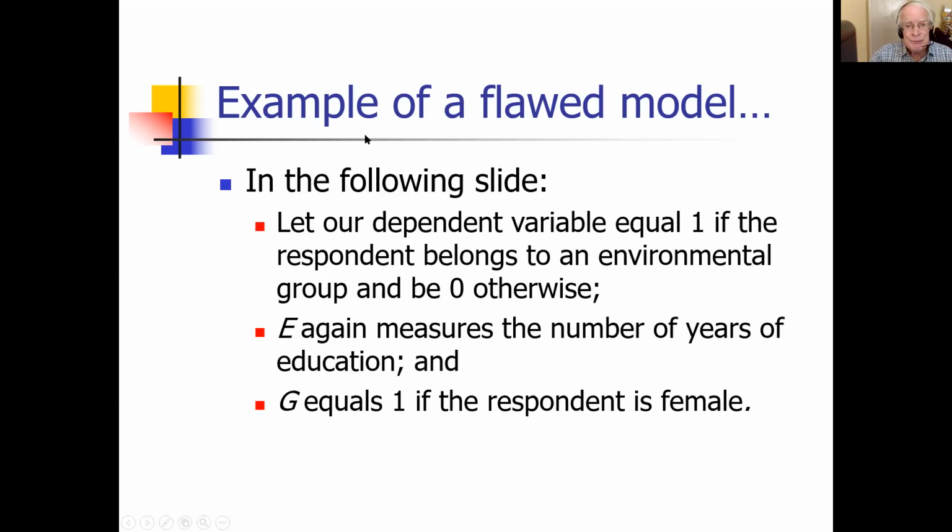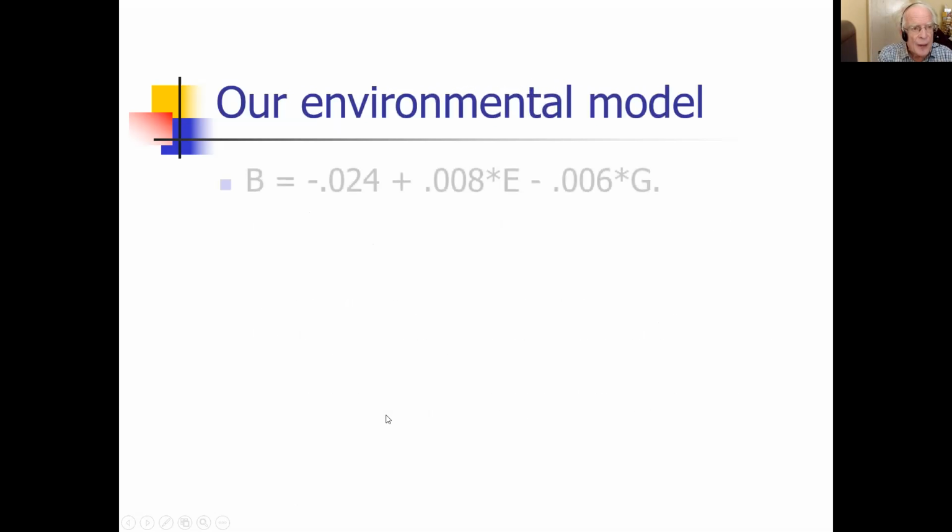As before, we will use E to measure the number of years of education completed. And as before, we will interpret G as an indication of gender. If the respondent is female, set G equal to 1. And there is a new linear probability function.